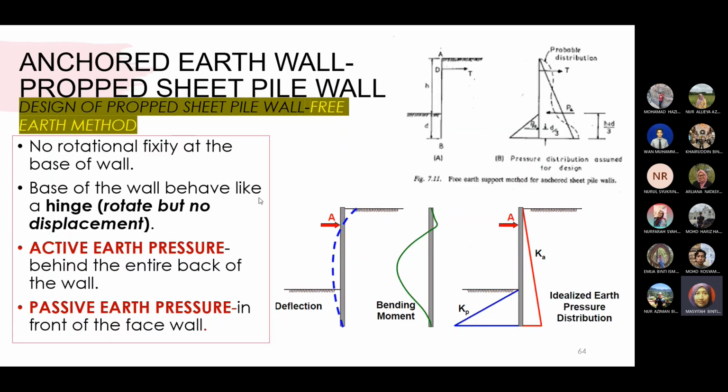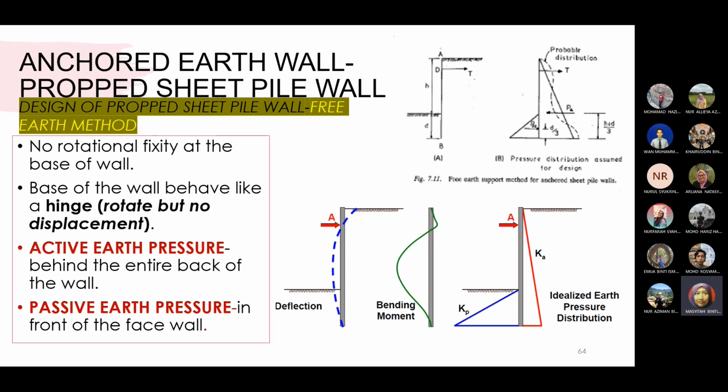Okay, ini adalah the pressure diagrams untuk situations where you have the free earth support for anchor sheet pile walls dan juga dia punya pressure diagram. So what is the T? T ini adalah anchor yang kita letak pada sheet pile walls tu. As I said lah, some sort of the steel reinforcement lah.